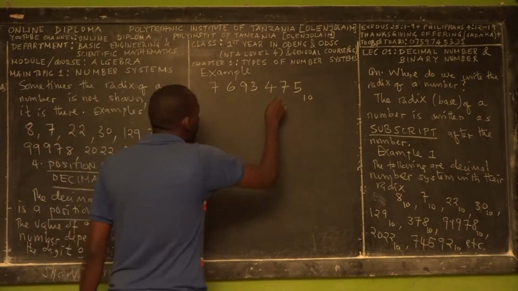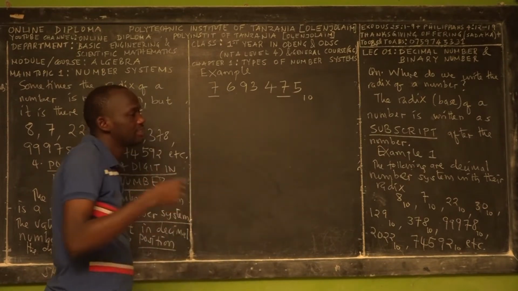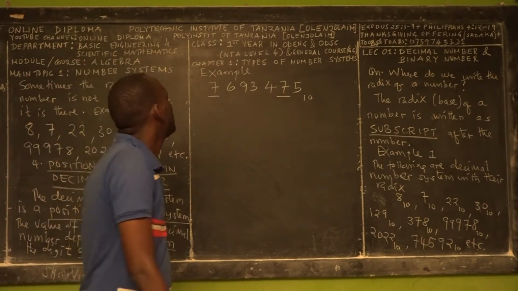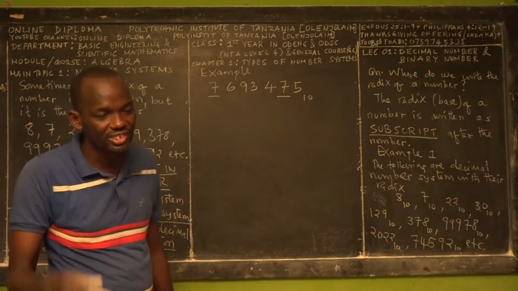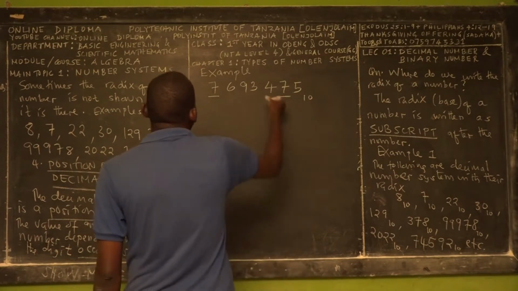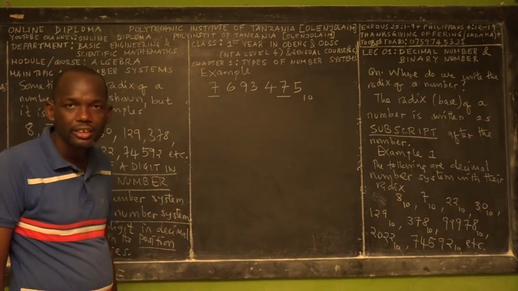So now our focus is the digit with a value of 7. We have two sevens. So now the question comes to the mind of mathematicians: do these sevens have the same value? The answer is no. Why?